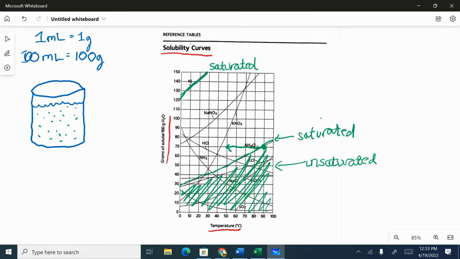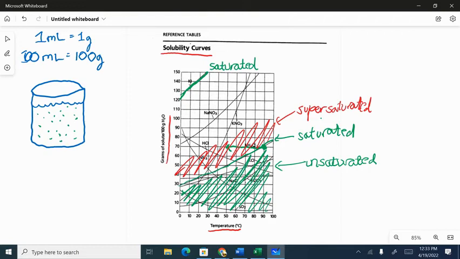So when you have a saturated solution and you cool the temperature down and you have more dissolved in there than should be possible, this is called a supersaturated solution. So supersaturated means I had a saturated solution and I cooled it down, and that means that more than possible is dissolved in there.